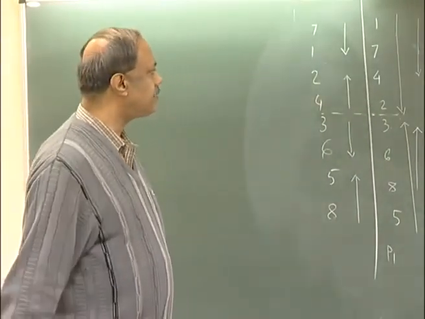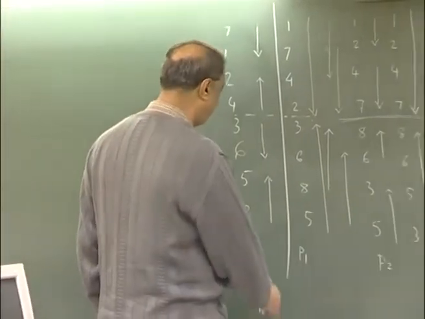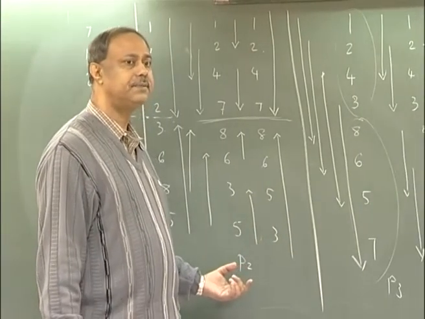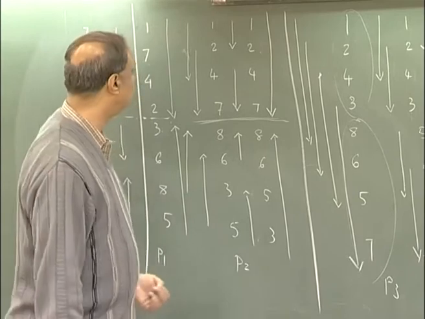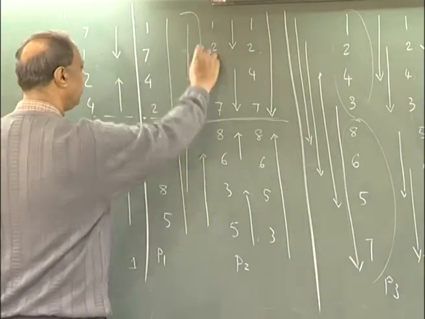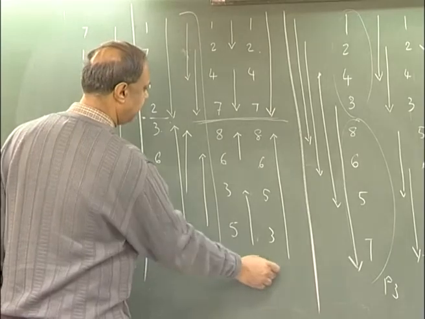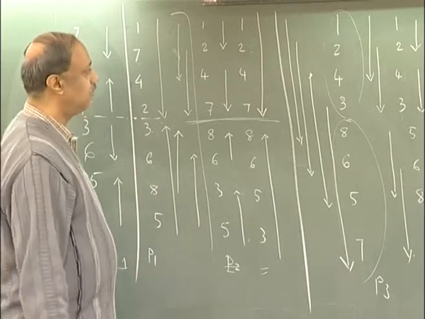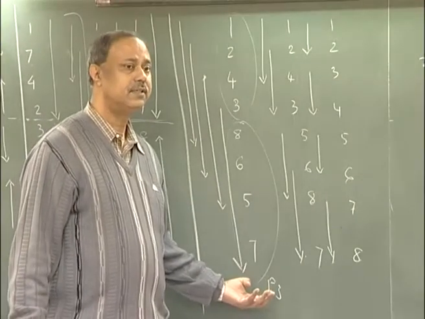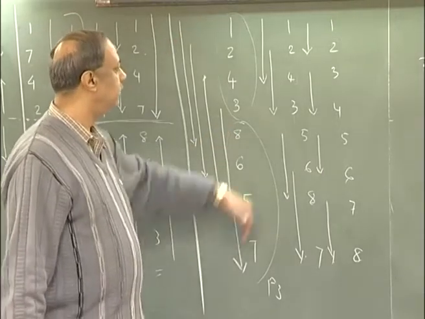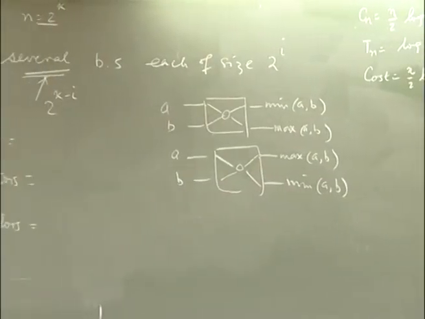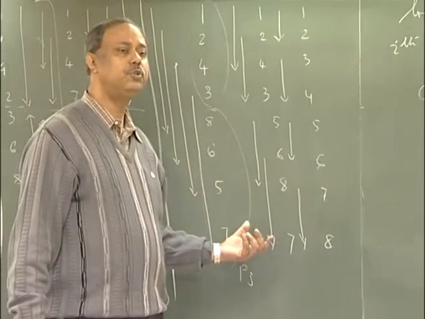Now the number of parallel steps. First phase, 1 parallel step. Second phase, how many parallel steps? This is one, and this is another one. Agreed. Third one is what? How many parallel steps? This number of parallel steps you have already obtained. In the third phase, you have 2 to the power 3 elements.